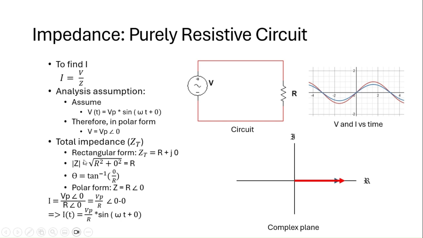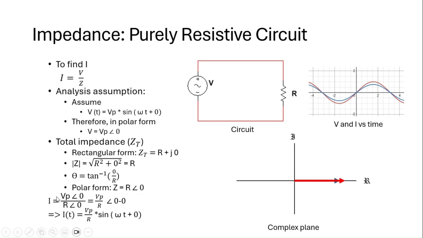If we take the magnitude of the impedance, it ends up being equal to R. We take the angle, inverse tangent of 0 over R, which gives us our polar form of Z, equal to R with an angle of 0.